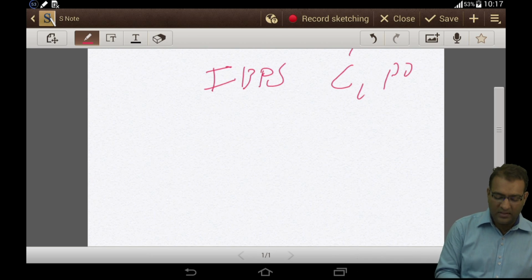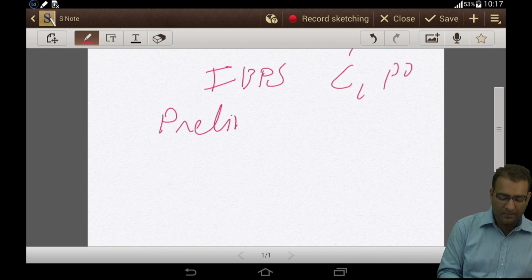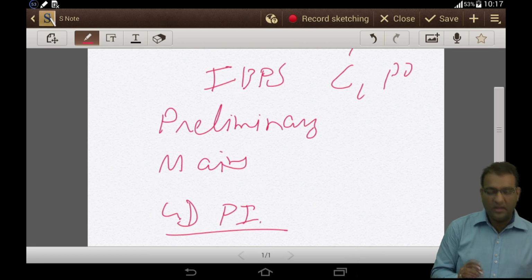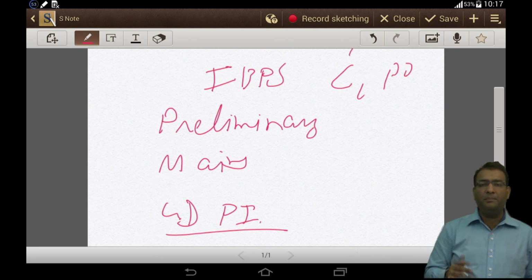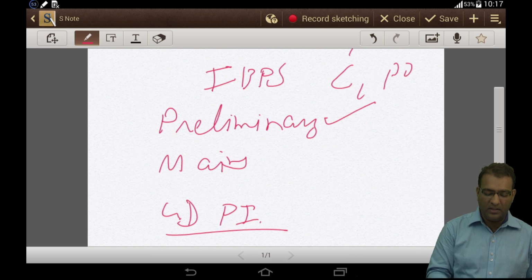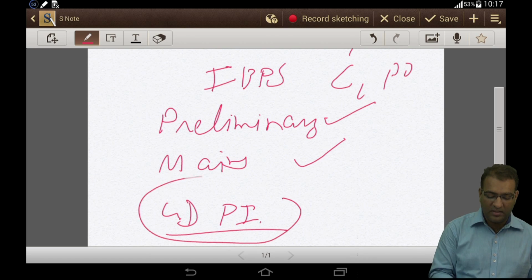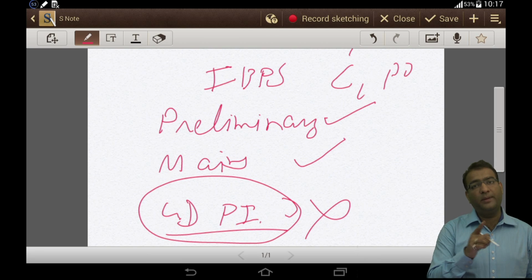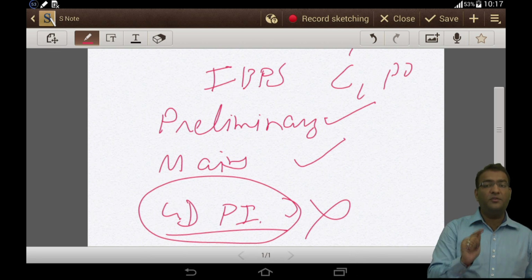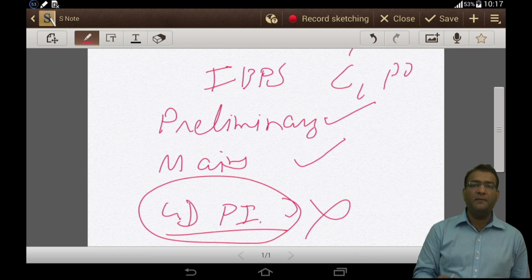Now what these people have done is there is something called preliminary exam, and then there is something called mains exam, and then there is GDPI. Now to be honest, it looks difficult. It looks really difficult. First preliminary, then mains, then GDPI. And let's say you clear preliminary, you clear mains, and then you don't clear GDPI, you are back to preliminary next year. It's not that you will be able to directly appear for GDPI next year. No, you have to again sit for preliminary, again do mains, and again GDPI.